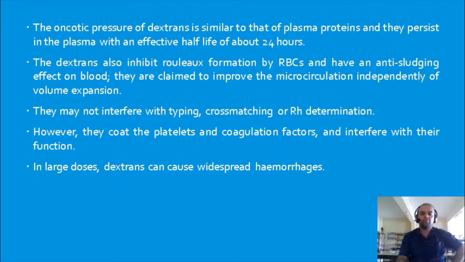The oncotic pressure of dextran is similar to that of the plasma protein. So you can see it satisfies that ideal characteristic a plasma expander should have, that is the same oncotic pressure as that of the plasma proteins, and also they persist in plasma with an effective half-life of about 24 hours. Dextrans also inhibit rouleaux formation.